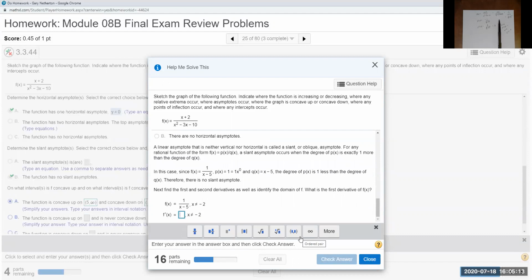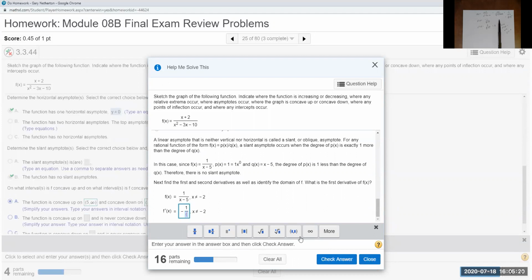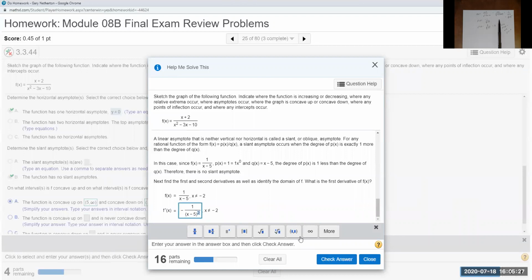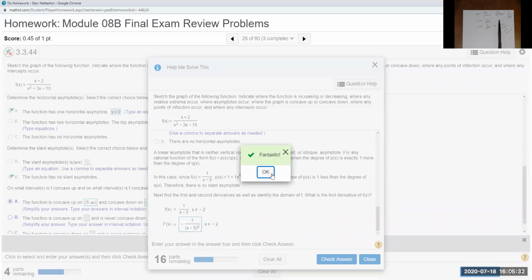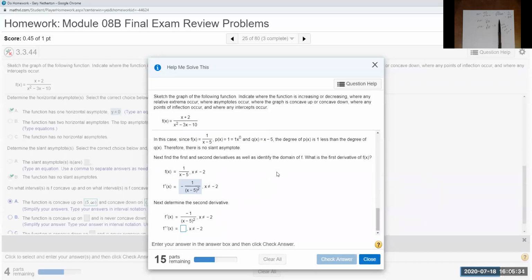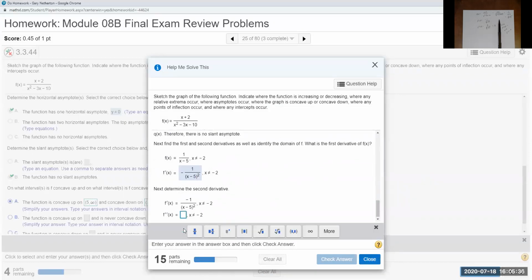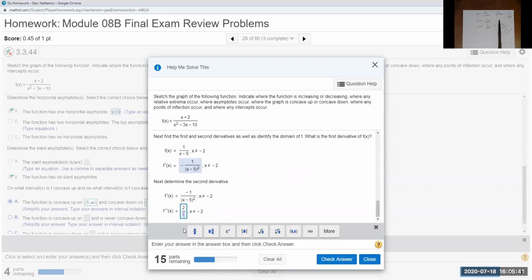So the first derivative is -1 over (x minus 5) quantity squared. That's what we said. The second derivative is 2 over (x minus 5) quantity cubed.